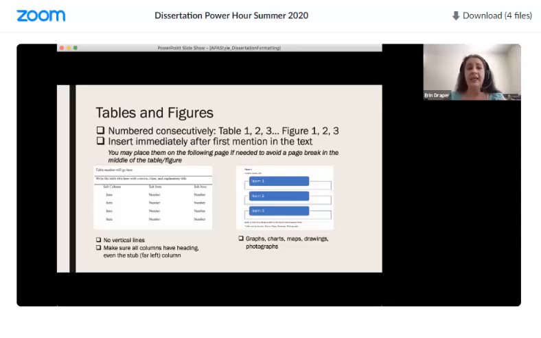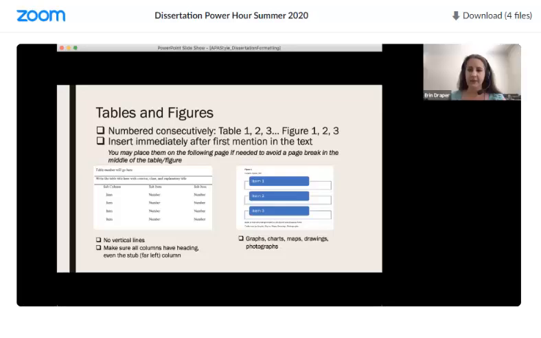I do also know, though, that some programs have made it so that yes, you can technically do both, but we already want you to use 7th. Or yes, you can technically do both, but we still want you to use 6th. Or your chair might have a real strong opinion on it, in which case go ahead and do that. But as far as the library is concerned, unless you start to see or hear otherwise from us, we will accept 6th edition and 7th edition through the end of the year.